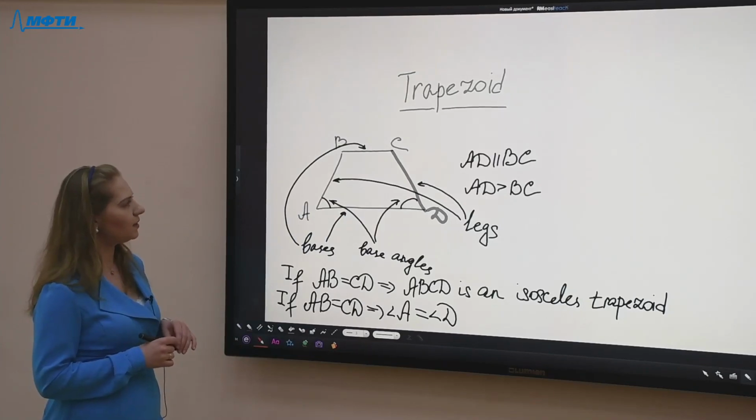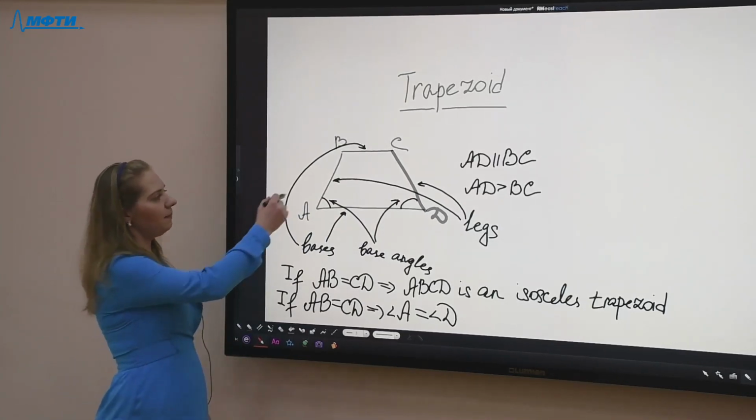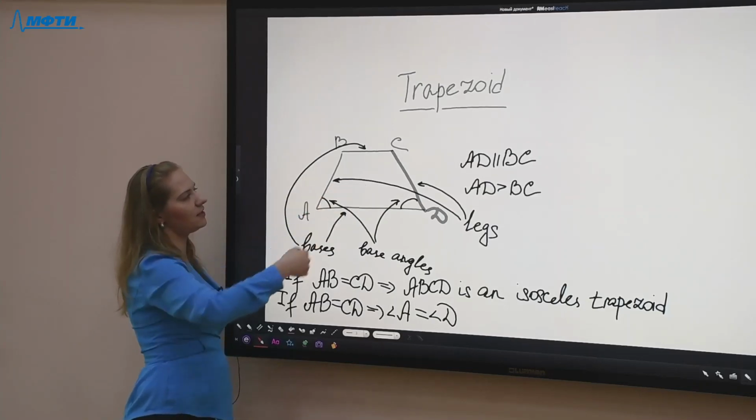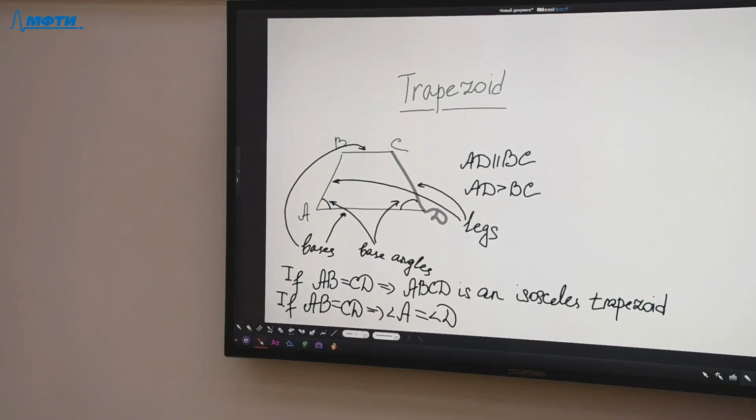What else can we say about a trapezoid? We can join midpoints of the legs. So something like that.